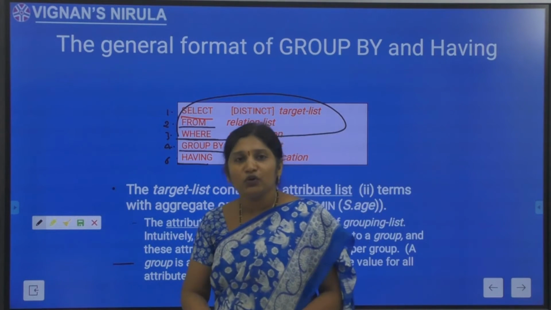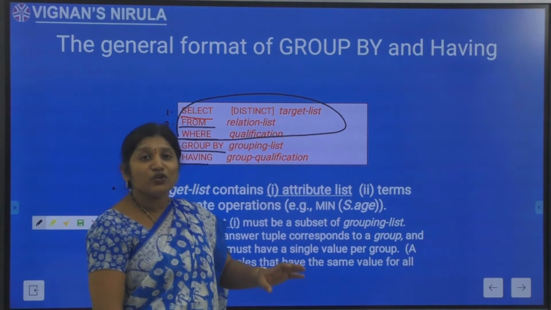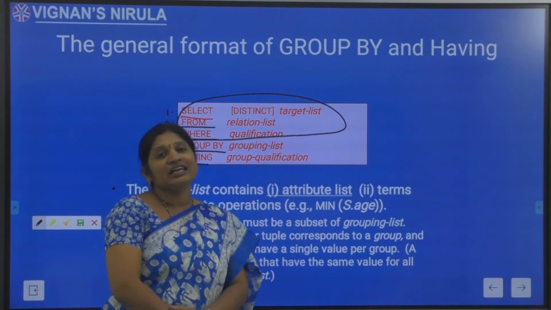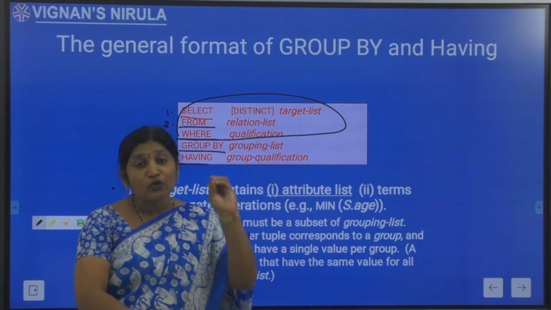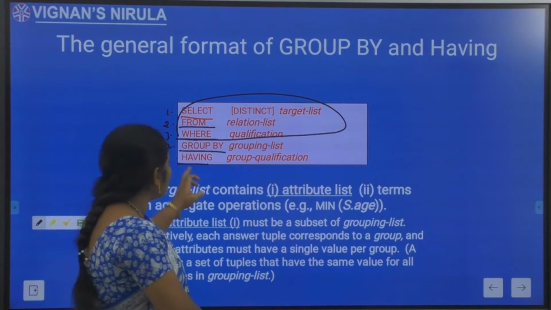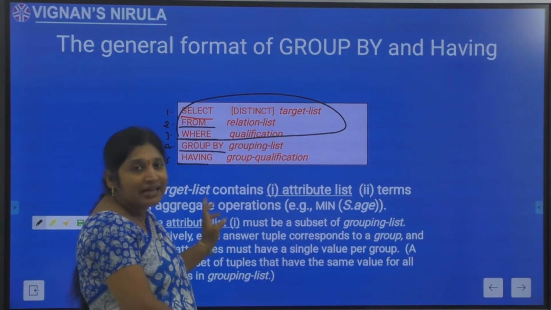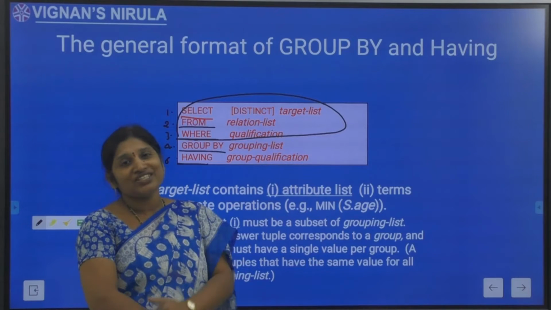After forming the groups, you must select the groups, just like the tuples which satisfy certain criteria. That selection of group qualification should be mentioned in the HAVING clause.